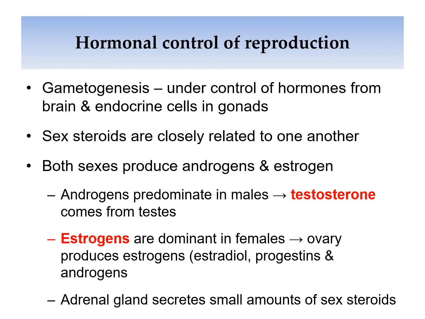When you hear the word androgens, generally you're talking about the androgens in males, which is the testosterone that comes from the testes. And when you talk about the dominant hormone in females, then you will hear estrogen, especially estradiol too. But you probably would have heard of progestins and also androgens.